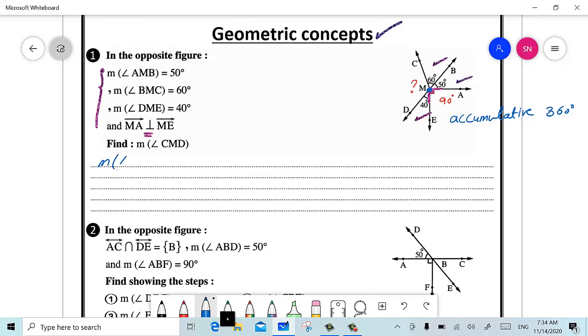I will find that measure of angle CMD is equal to 360 minus the addition of all the four angles. And don't forget to put it between brackets. 40 plus 90 plus 50 plus 60. And this is going to give me an angle equal to 120 degrees. And the reason should be written that they are all accumulative angles.